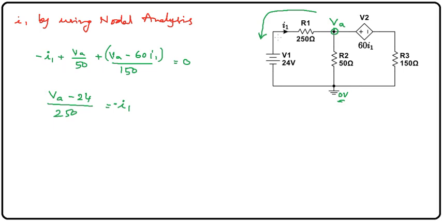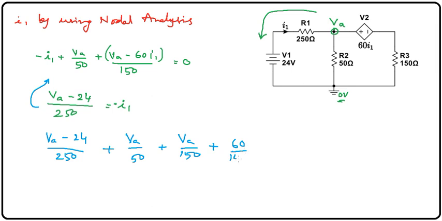Okay, so let me solve the first equation. So the first equation is, minus I1 is this much, so let me take out minus I1 and substitute this here. So it will be VA minus 24 by 250, plus VA by 50 plus VA by 150 minus 60 by 150 into I1, it should be plus 60 by 150 into I1.